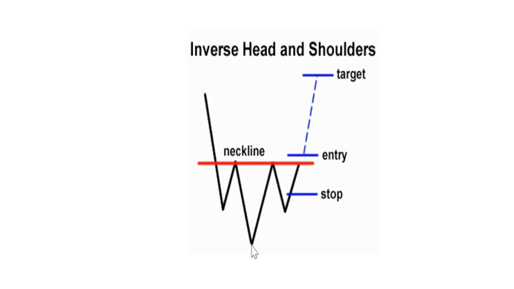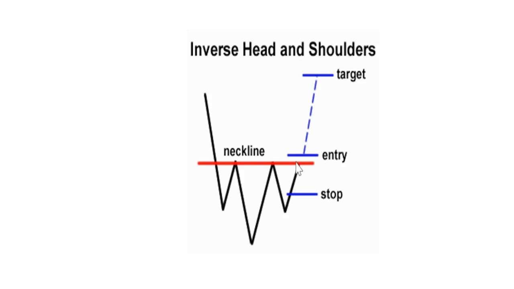And then the price again tries to move upwards towards this neckline, and this will give a movement downwards, forming the shoulder. Forming the shoulder, and here we see that the price again will try to move upwards towards this neckline.